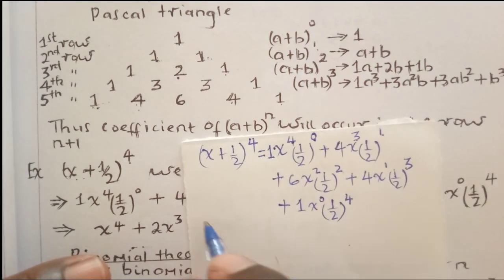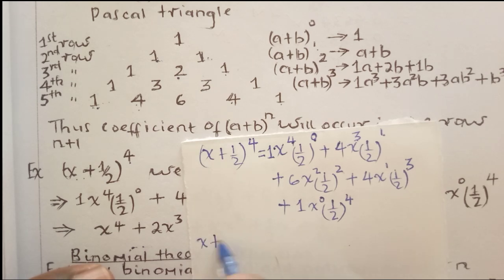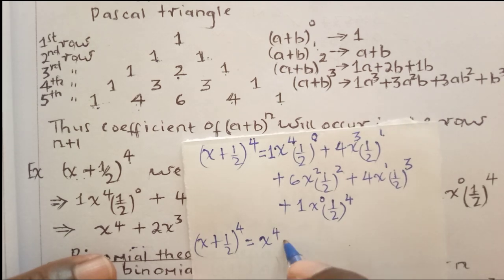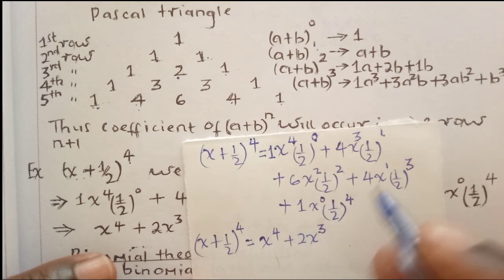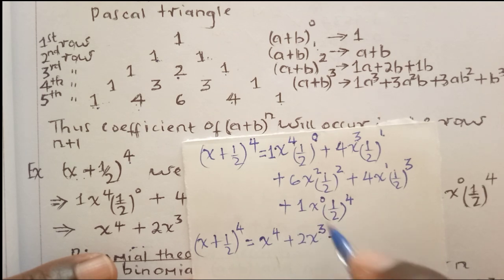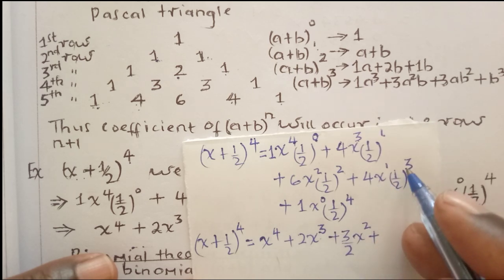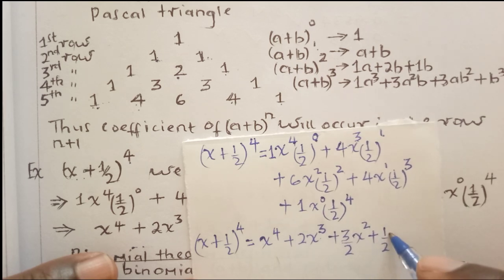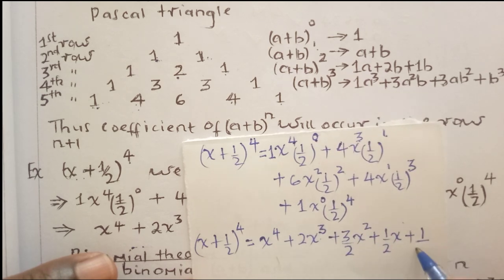So this gives us, finally, x plus a half raised to 4 equal to, for this one is 1, so we'll have x raised to 4 plus, this is going to be 2x cubed, while this other one is going to be 3 over 2, because this is 2 times 2, that is 4. 6 divided by 4 is 3 over 2, x squared, plus, for this one, this is going to be a half. 2 times 2 times 2 is 8. 4 divided by 8 is a half, x raised to 1, and then finally plus 1 over 16.